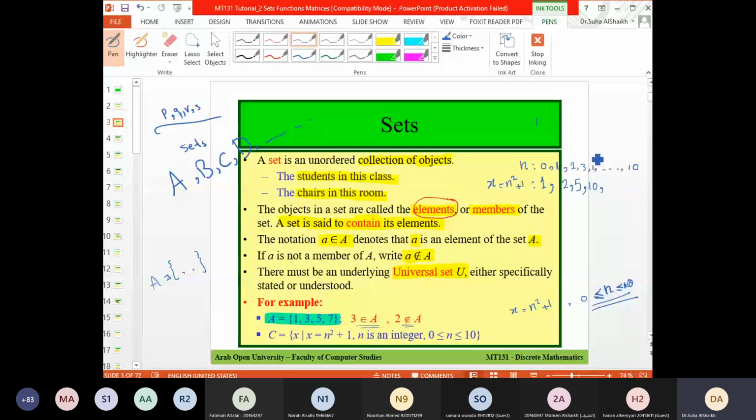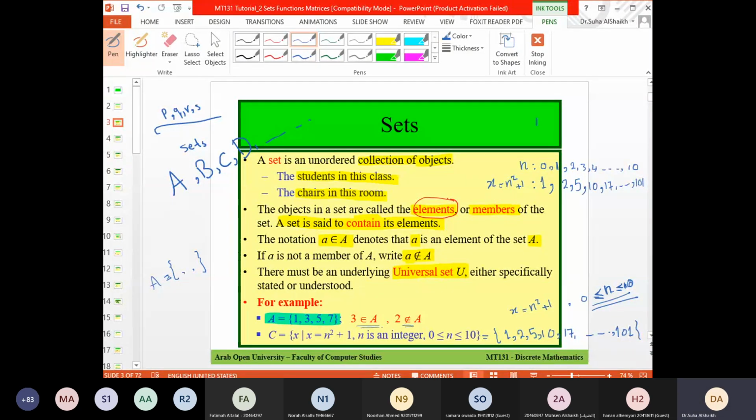Square the 4, 16 plus 1, 17. Up to 10. Square the 10, 100 plus 1, it's 101. Excellent. So actually the elements here are 1, 2, 5, 10, 17, up to 101.